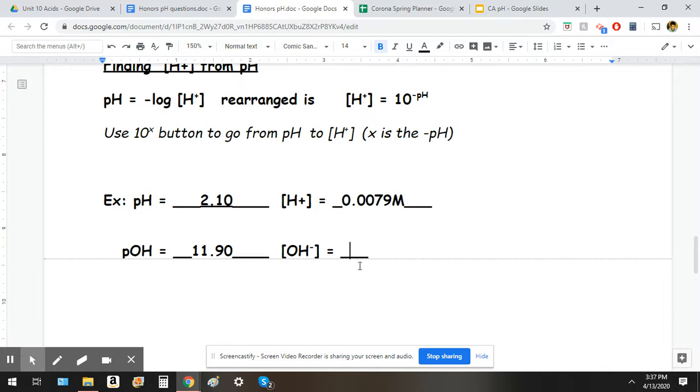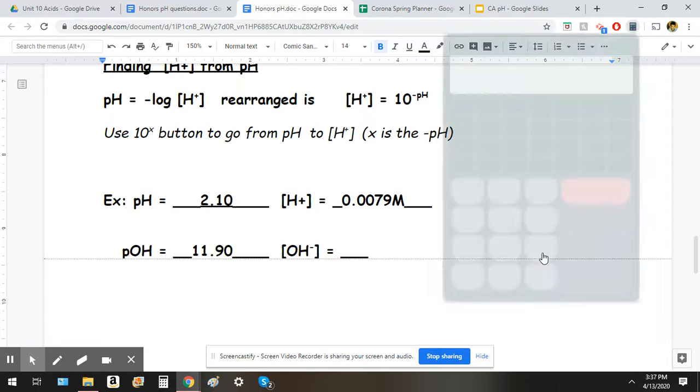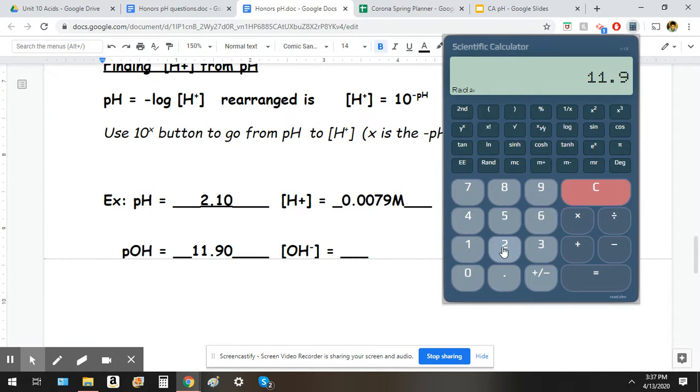What about the OH minus concentration? How do I figure that out? Well, just like we did here, 10 to the x of the negative pOH will tell me my OH minus concentration. So let's try that. Start off with the 10 to the x button.